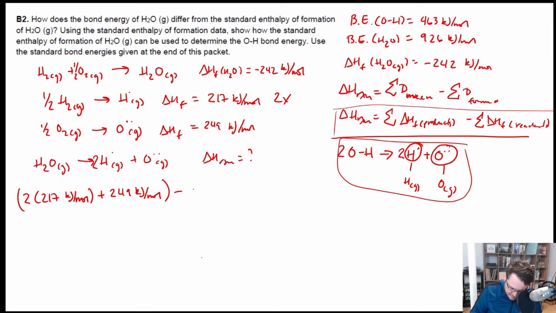Those together minus, and then now we simply have the delta HF of H2O gas, so that's negative 242 kilojoules per mole in this case. So if we plug all of that in, 2 times 217 plus 249 minus negative 242, what we get is 925 kilojoules per mole.